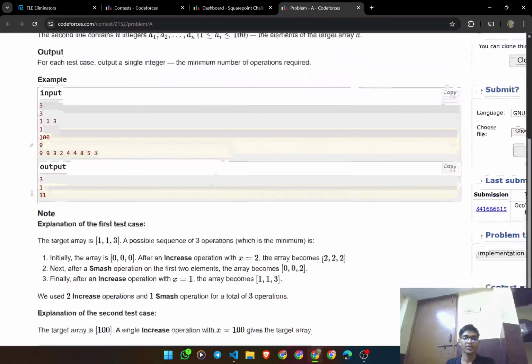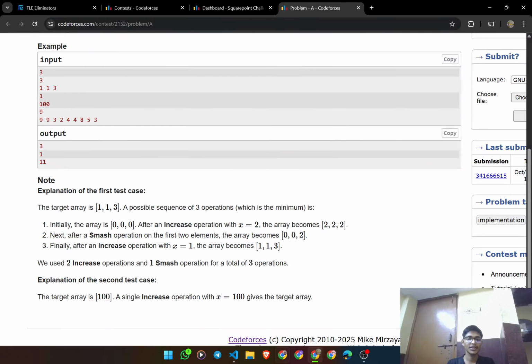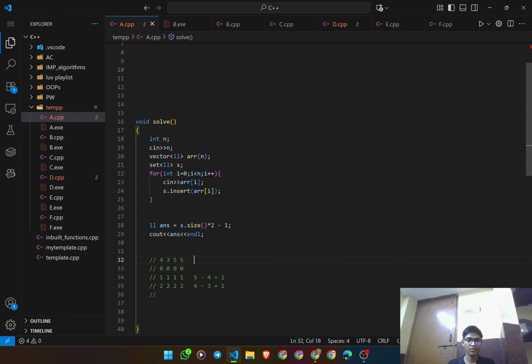Okay, so let's discuss another example. We have this example, 4 3 5 5, and now we have 0. What is this? There are 3 distinct numbers.